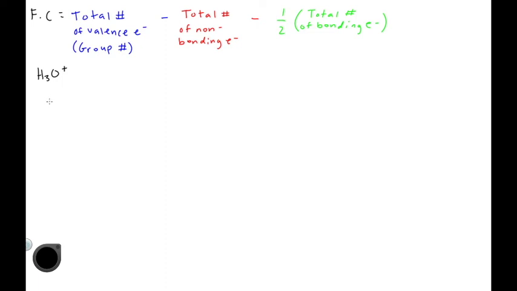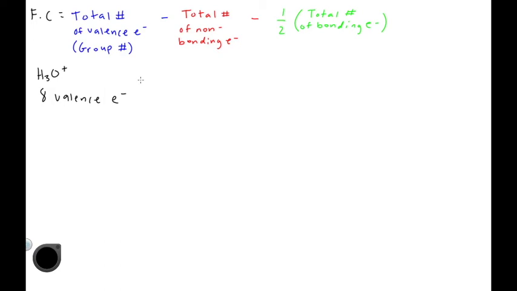And then 1 for each of the 3 hydrogens for a total of 3 plus 6, which is 9 in total. But because hydronium has a positive charge, we have to take away 1 electron from the molecule. So 9 minus 1 equals 8 valence electrons. So we have 8 valence electrons that we need to account for at the end.